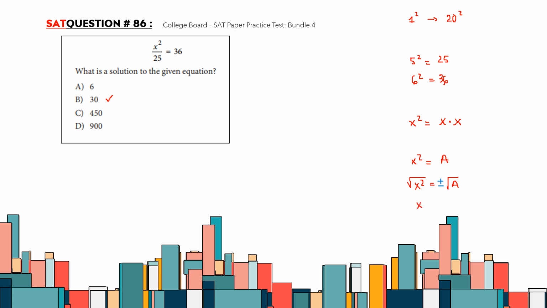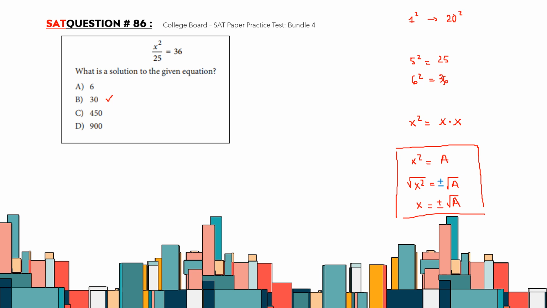Then we will have x equal plus or minus square root of a, because squaring and square root cancel. So this is the formula. Now let's go back to this problem and see why I can solve it easily.